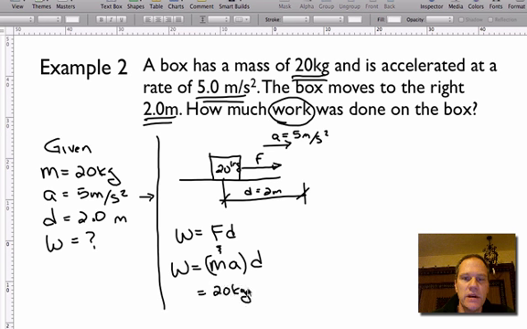So we have 20 kilograms times your acceleration of 5 meters per second squared times your distance of 2 meters. So the work then is 20 times 5 times 2, so you have 100 times 2, giving you 200 joules of work.